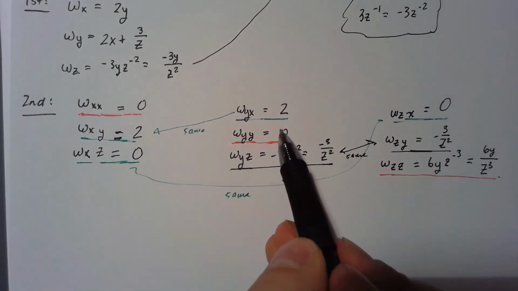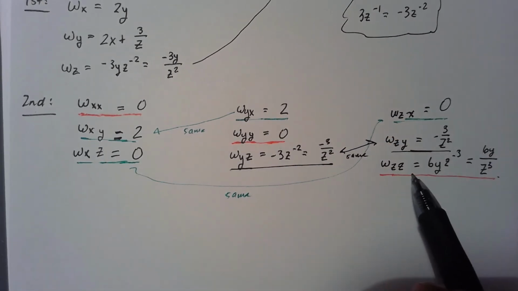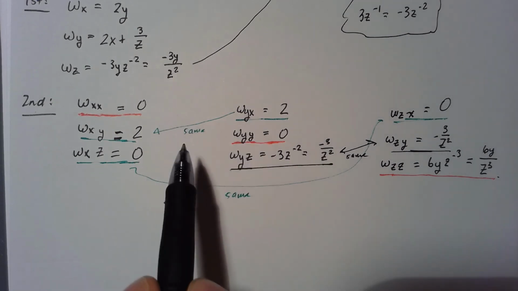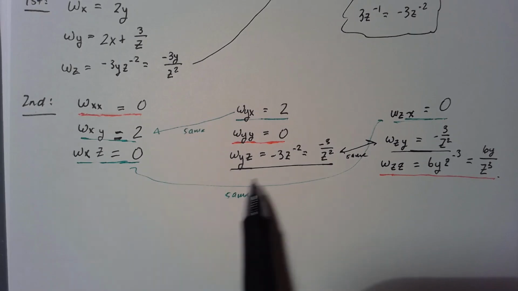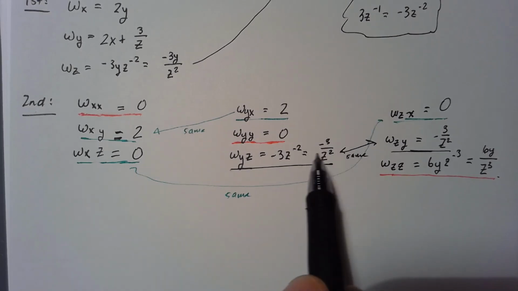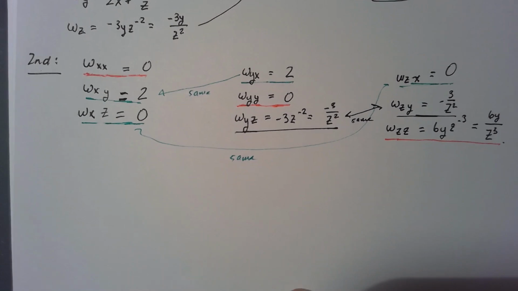So I have 1, 2, 3, 4, 5, 6. I really only have 6 partial derivatives.